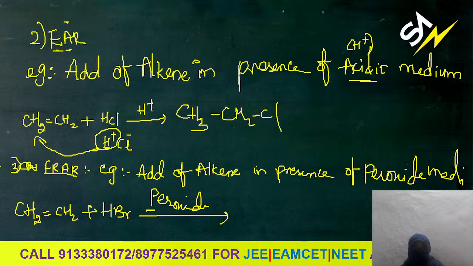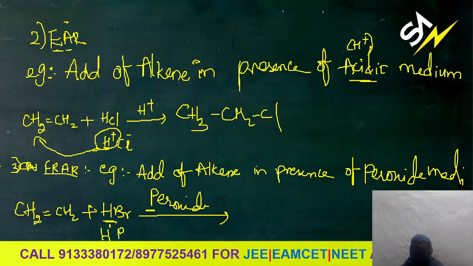Whenever the peroxide is there, the bond of this HBr, you see, this was HCl, the bond is getting cleaved unequally. H plus and Cl minus you are getting, hence you are getting electrophile and nucleophile. Electrophile was attacking first and getting added here in that above case. Whereas in the case of HBr, whenever peroxide is there, the bond is cleaving homolytically.